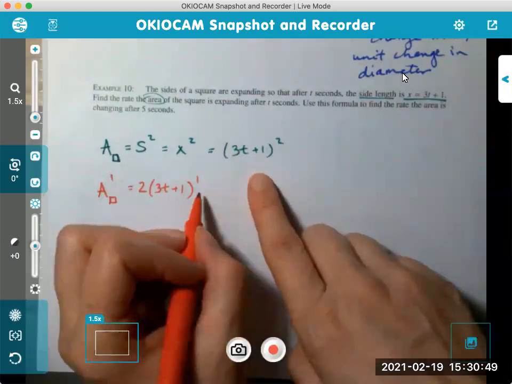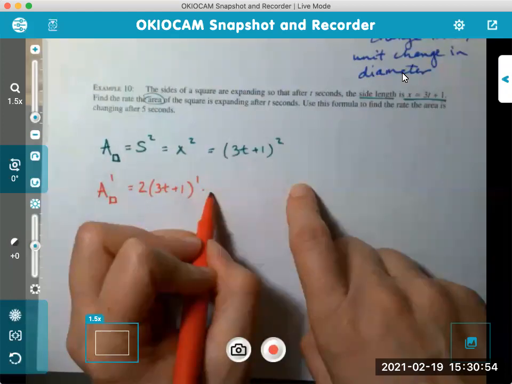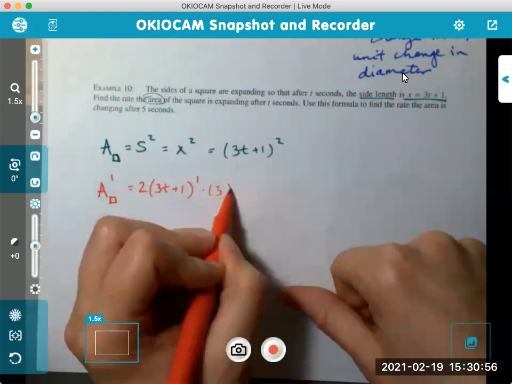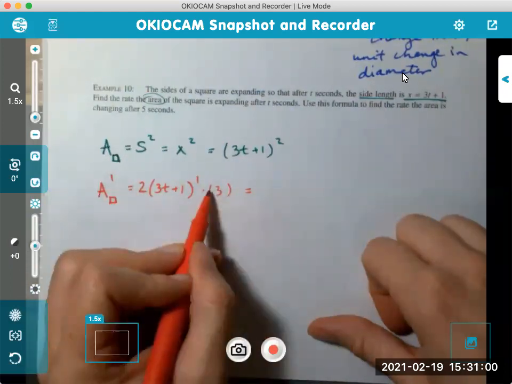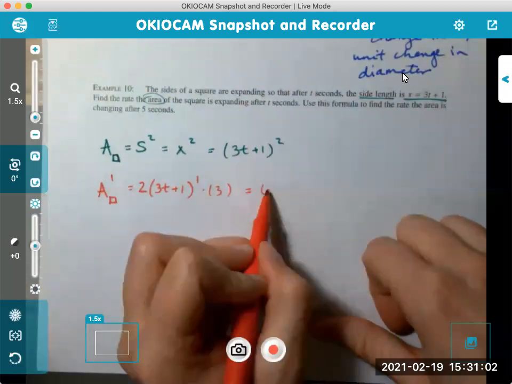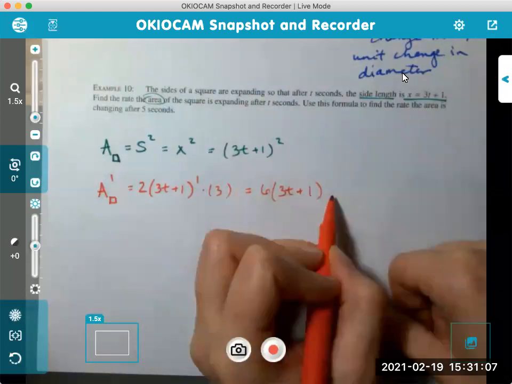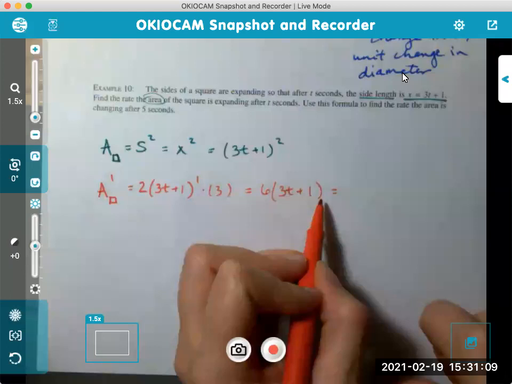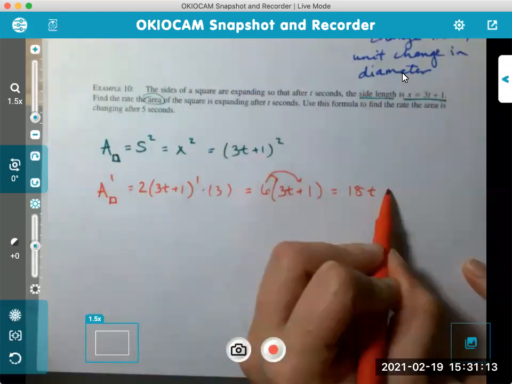And then times the derivative of the inside, which in this case is just 3. So 2 and 3 get combined for 6 times 3t plus 1 to the first. We don't have to write the first, so I'm just going to distribute the 6. So it's 18t plus 6.